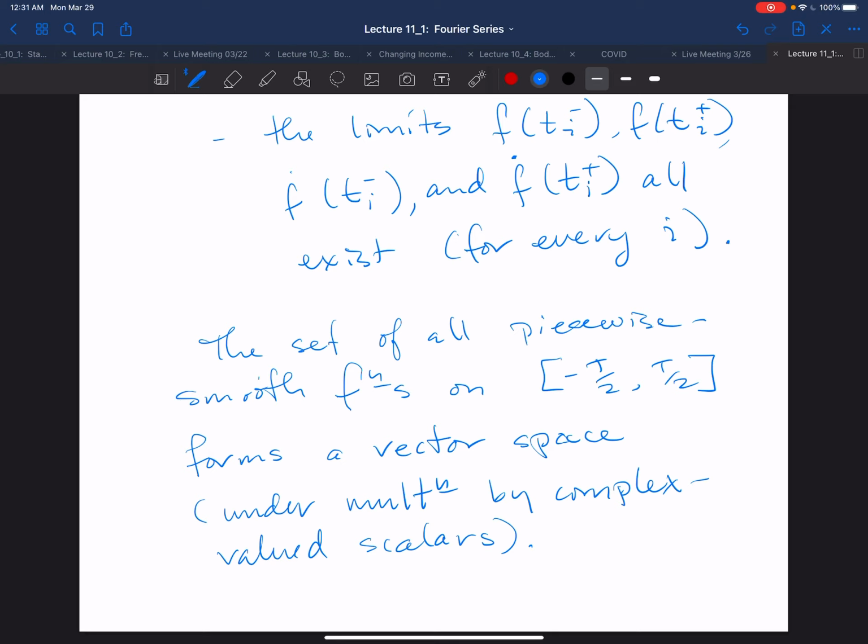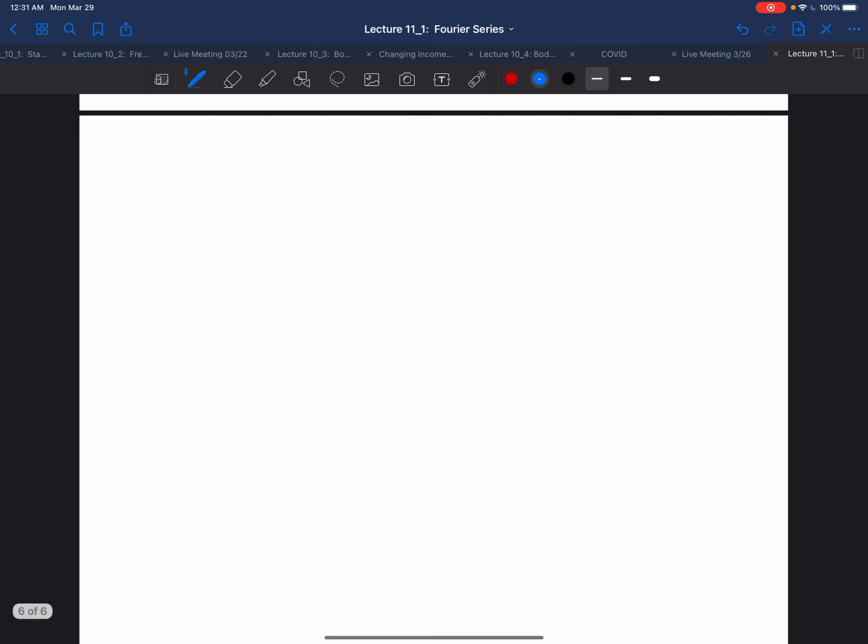We're going to introduce an inner product for this vector space, endow it with an inner product.